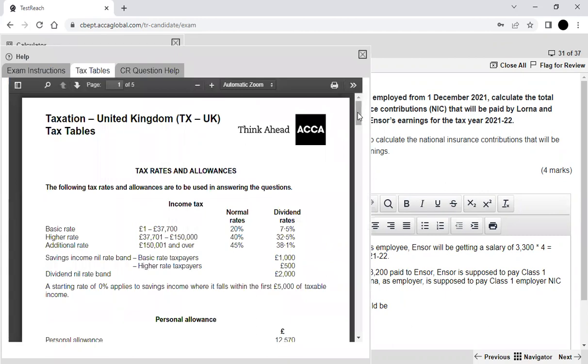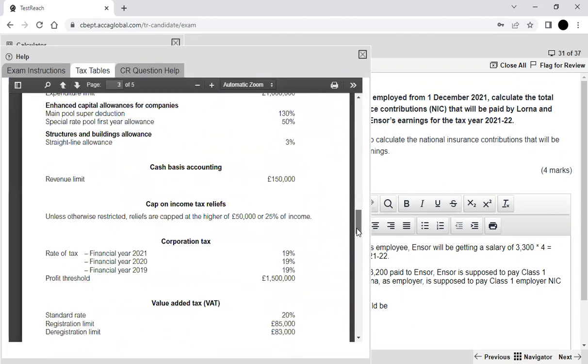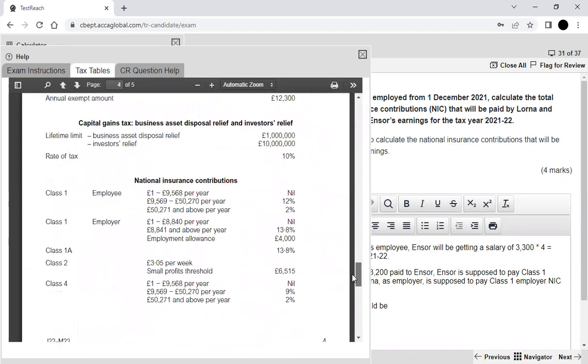So I'm on my tax rates tables, opening up the NIC rates, class 1 employee rates. From 1 to 9,568 it is 0, and beyond this 12%.